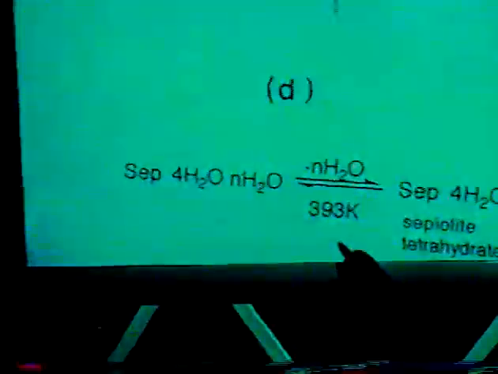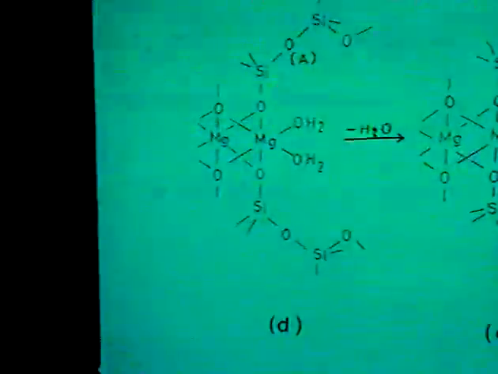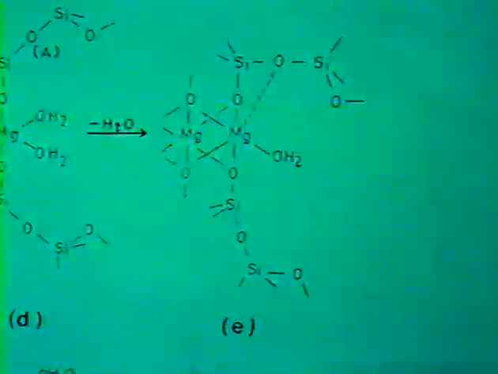The thermal property is very interesting. Zeolitic and coordinated water are contained in this tunnel. When the sample is heated at 393 Kelvin, zeolitic water is dehydrated and forms sepiolite tetrahydrate.